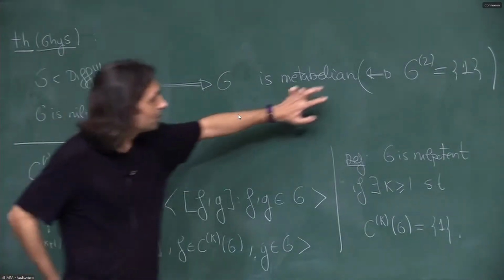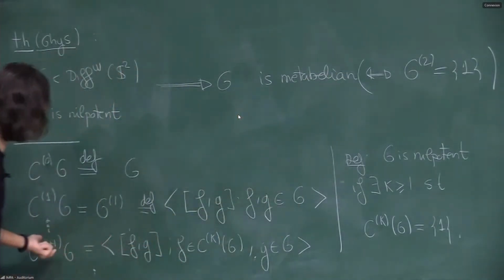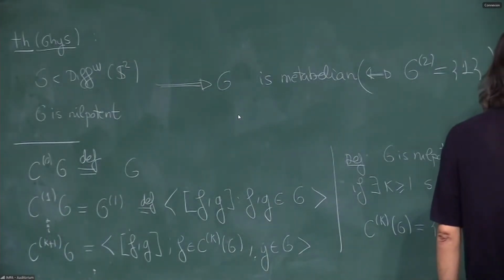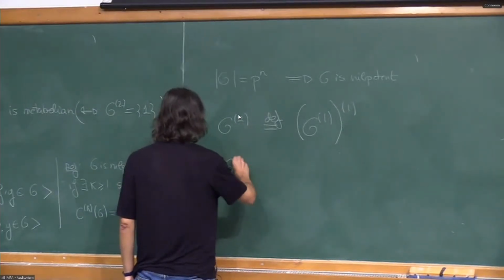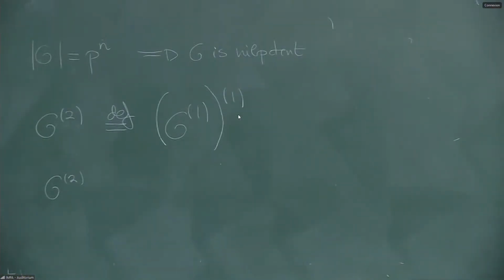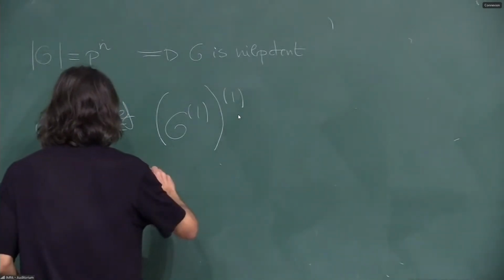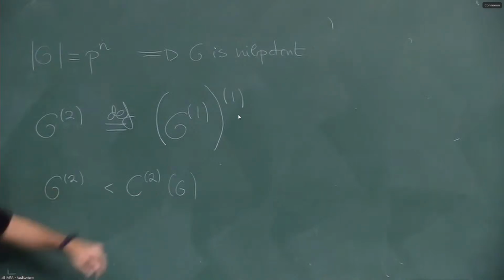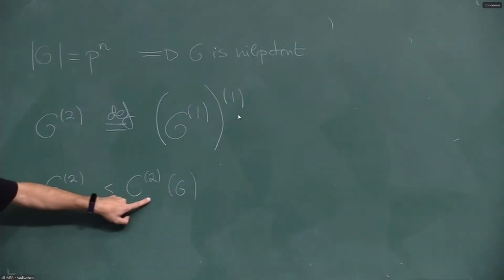But the group is metabelian because the second derived group of G, the one that is defined here, is much smaller in general than the second element of the descending central series.